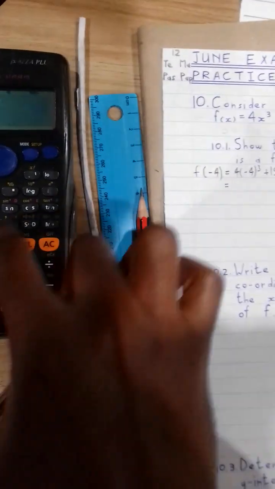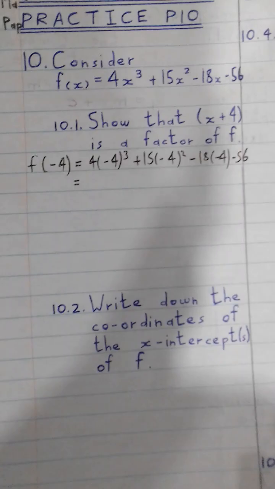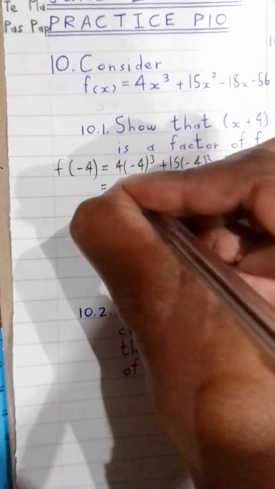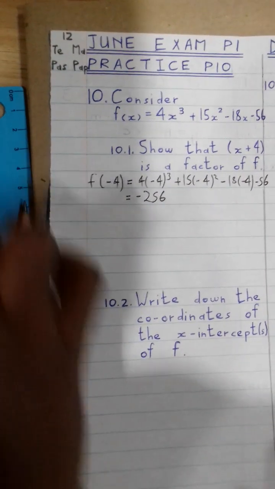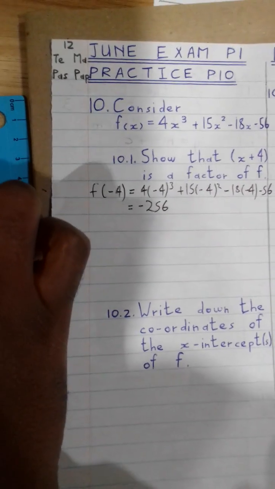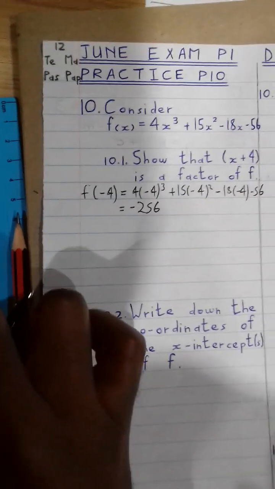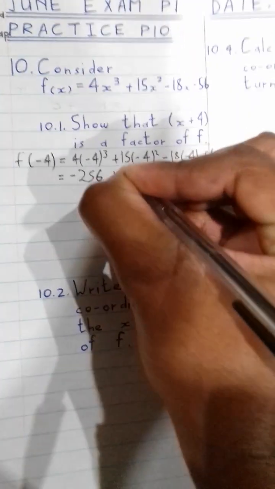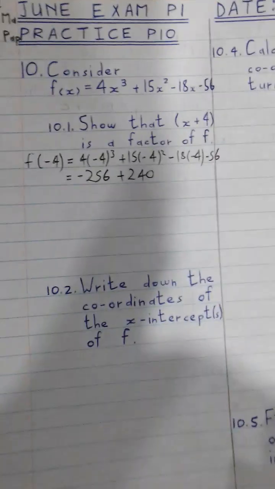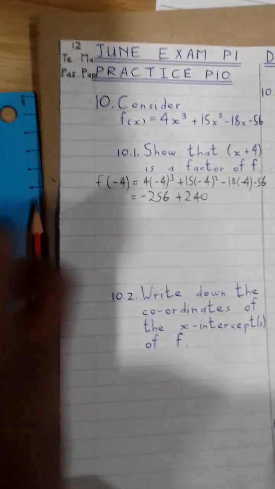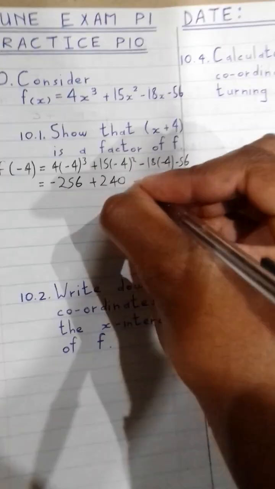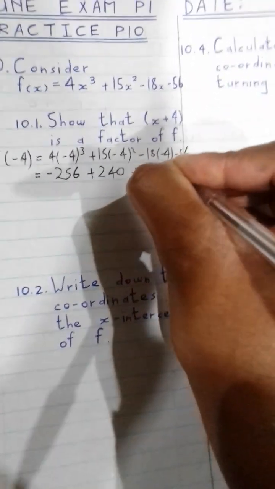Four times negative 4 to the power of 3 is negative 256. 15 times negative 4 squared is plus 240. Negative 18 times negative 4 is plus 72, minus 56.